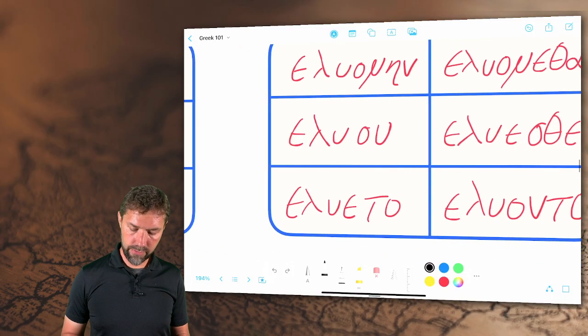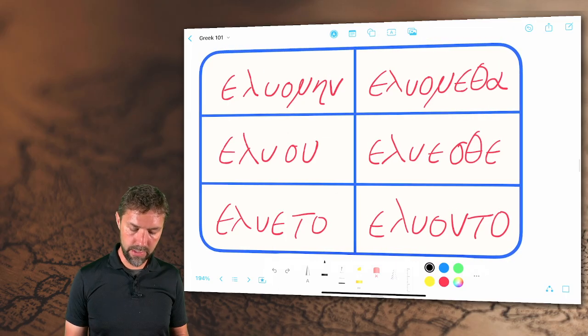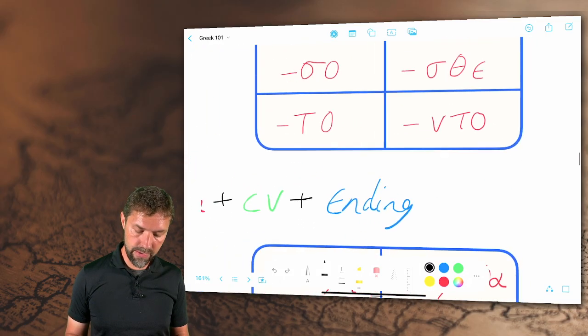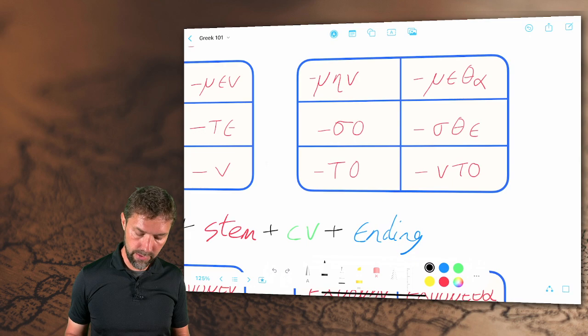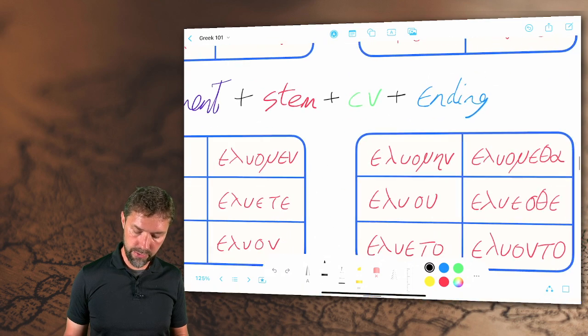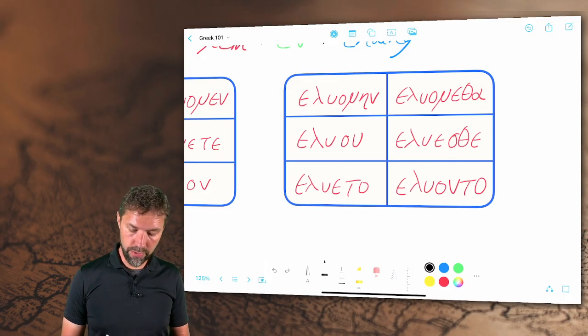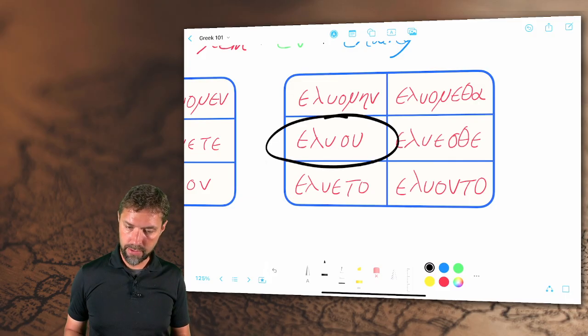If we go across the other side here, we end up with a similar pattern: eluomen, eluou, eluete, eluometha, elueste, eluonto. And that's just based off of these endings, mên, so, to, metha, sthe, nto. We follow the same pattern. The only exceptional bit here is eluou, the second person singular, and that is an unusual construction.